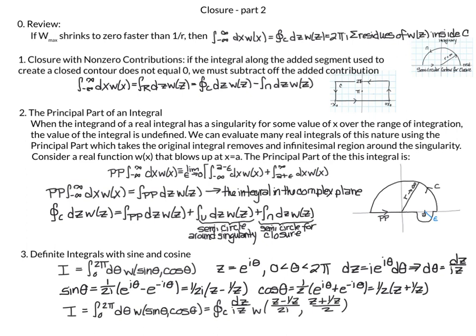So in effect, we've just taken this little portion of the integral out and we take epsilon to approach 0.